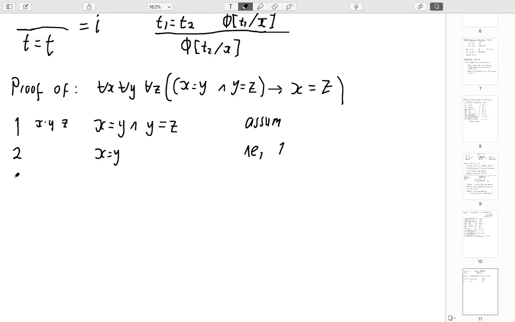And we can also derive that y equals z by and elimination on the right hand side, also from line 1. I'm really sorry about this.